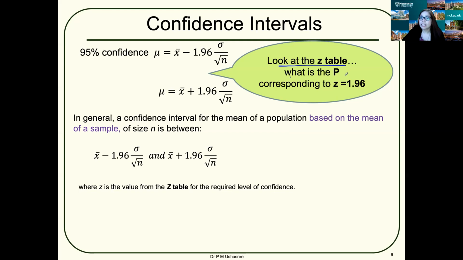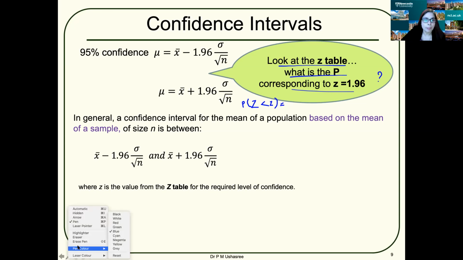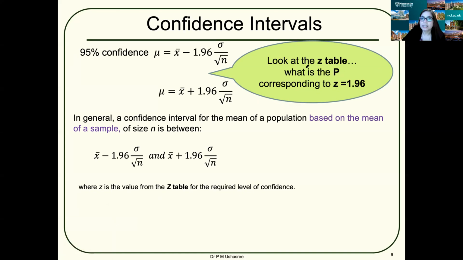What is the probability corresponding to Z equal to 1.96?